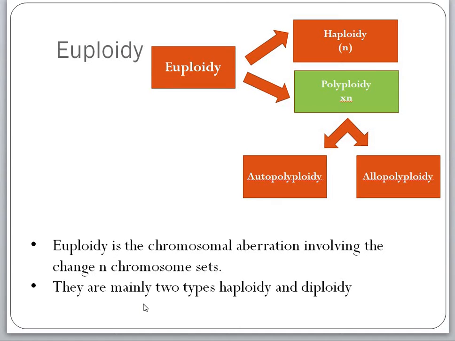The second type of ploidy is called euploidy. Euploidy is the chromosomal aberration where changes are happening on the basic set of chromosomes. The basic set of a chromosome is called a haploid and it is represented as N. In somatic cells, chromosomes occur in two bundles, that is, two sets of chromosomes are present, and it is called a diploid condition.